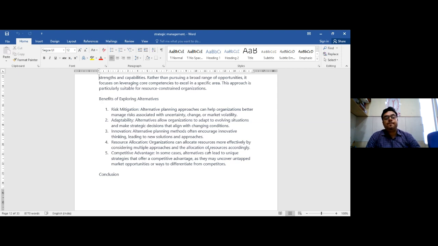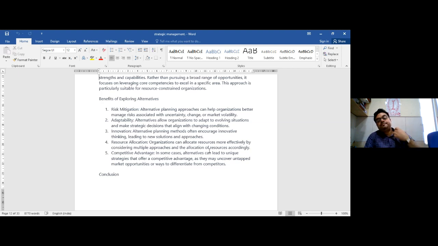Number five is competitive advantage. The promotion of competitive advantage as an alternative. So it can lead to unique strategies that offer competitive advantage.